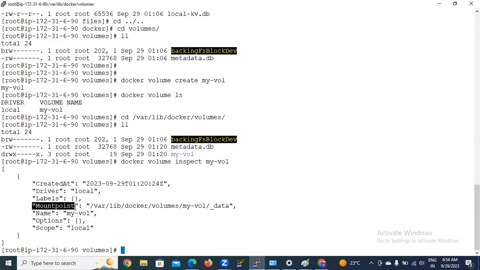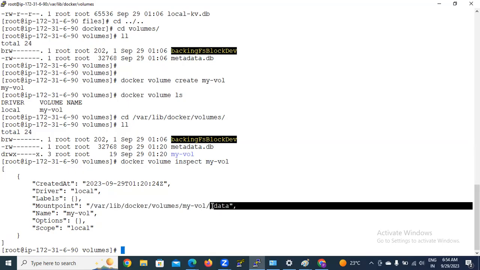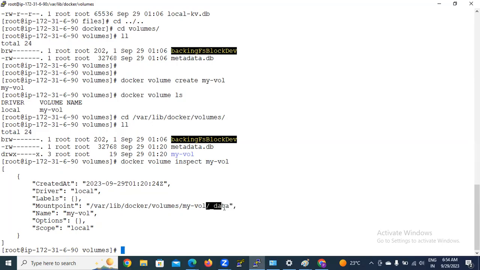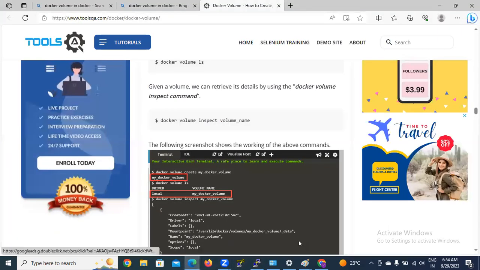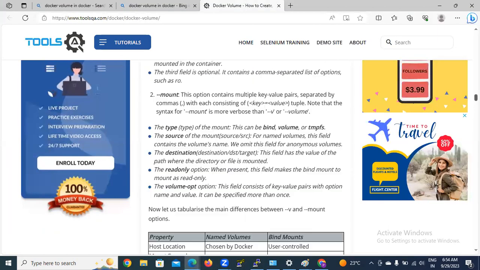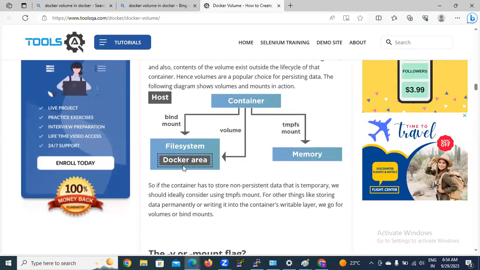The mount point here is very specific, very important. This is the location: slash var slash lib slash docker slash volumes slash my volume name, and underscore data. What is underscore data? It is the containers' volume area. Here you have seen that, right, in the diagram, it is written Docker area.